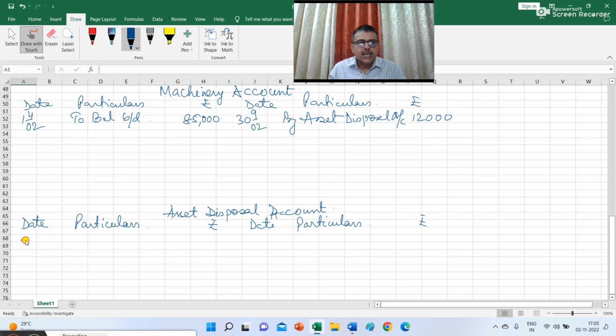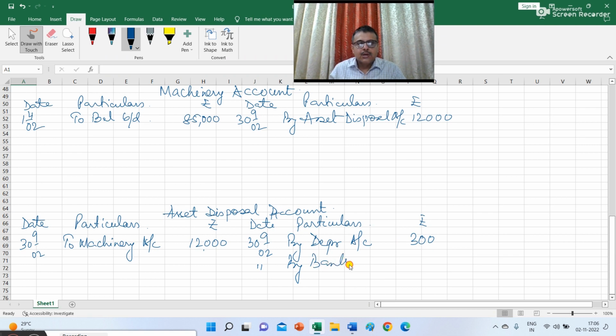In asset disposal account I have to write to machinery account 12,000, and on 30th September 2002 depreciation was charged for rupees 300. Then this was sold for 5,800 and the loss that was incurred on disposal of the machinery will be debited to profit and loss account. So this way I have completed the asset disposal account.